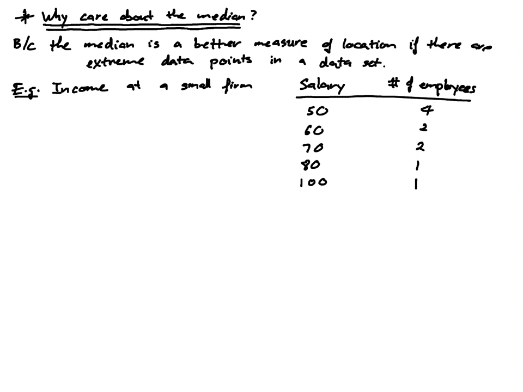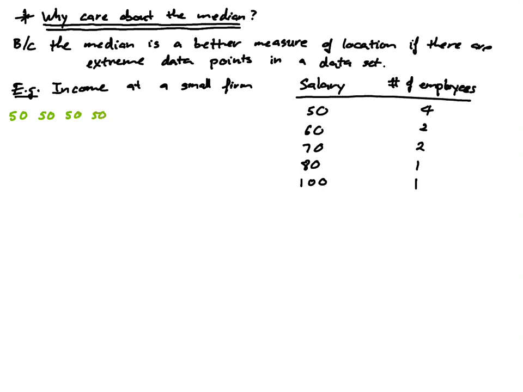Let's go ahead and find the mean and the median of this data set. The first thing I want to do is arrange these numbers in ascending order because I'm gonna have to do it anyway, right? So if you arrange the salaries in ascending order, you're gonna have 50 appearing 4 times because you have 4 people earning $50,000.